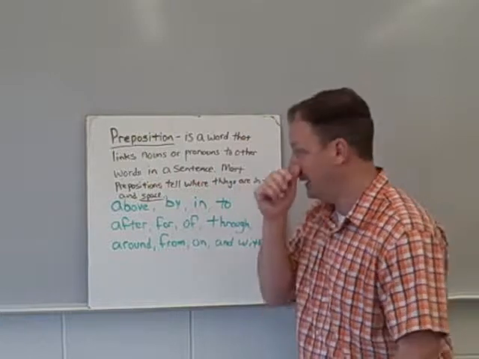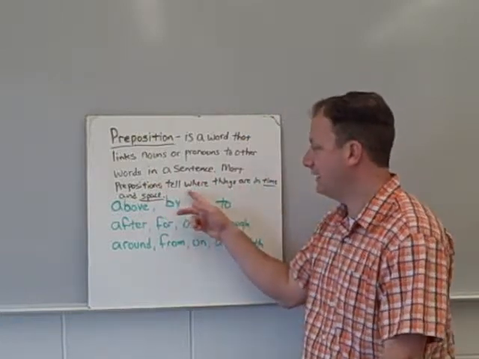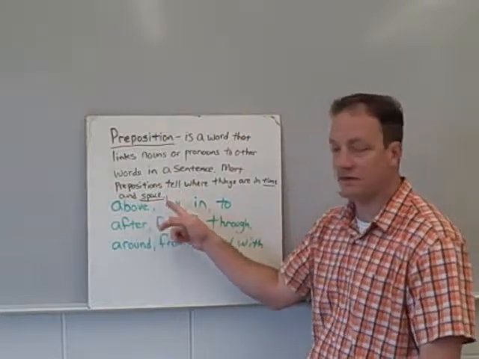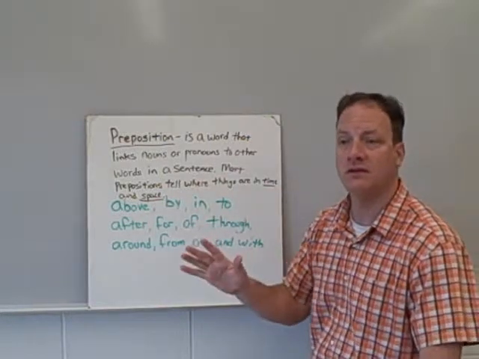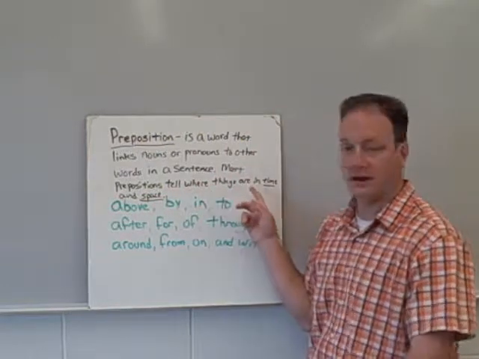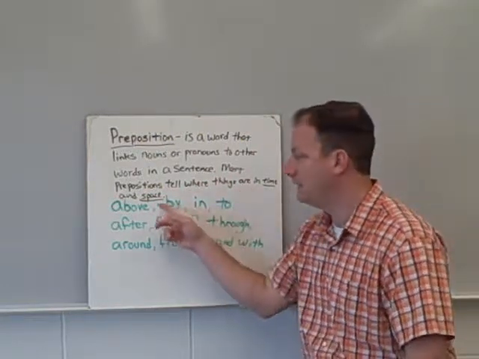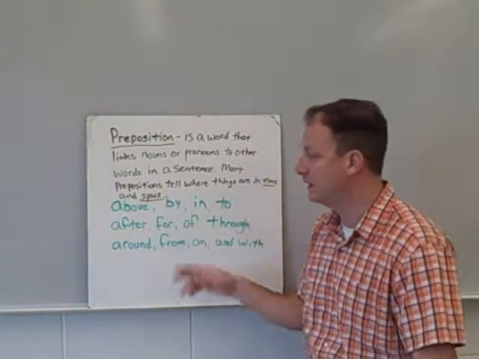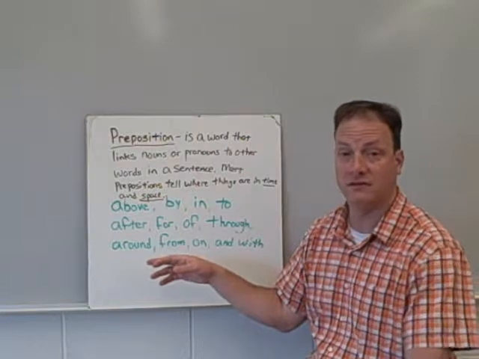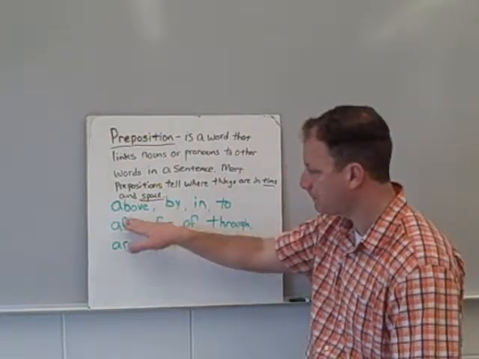Now this is the key. Most prepositions tell where things are in time and space. I want you to remember that phrase. Most prepositions tell where things are in time and space. Those are key. Now I've listed for you several examples of prepositions. You've seen these before.